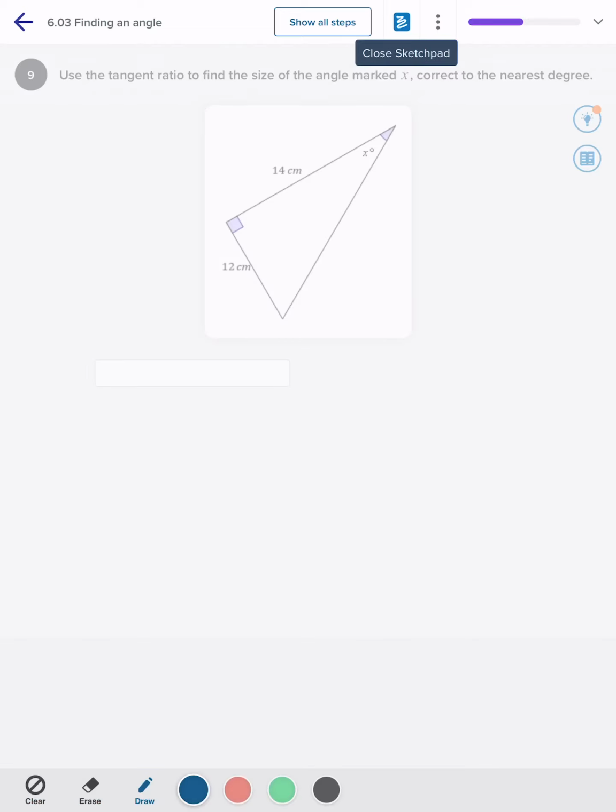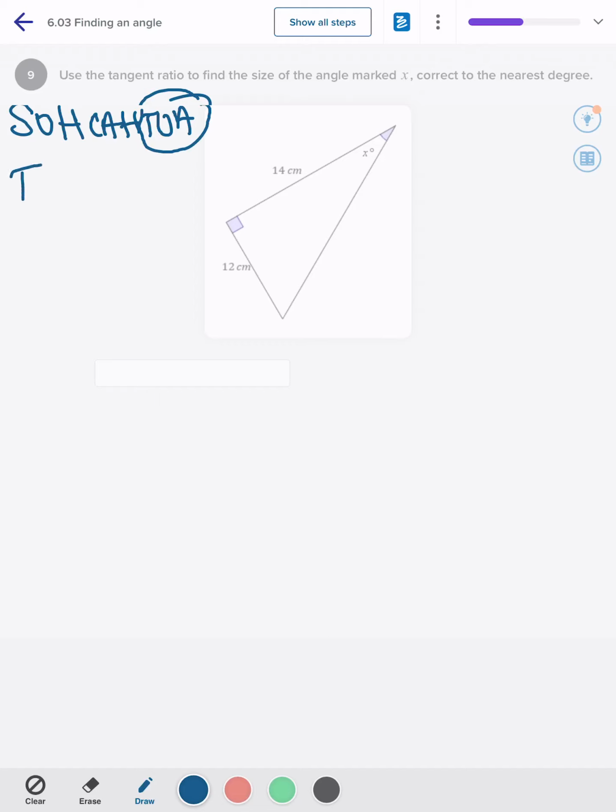Now if you remember the mnemonic SOHCAHTOA, let's write it here. SOHCAHTOA, the tangent ratio is tan theta equals the opposite side over the adjacent side.